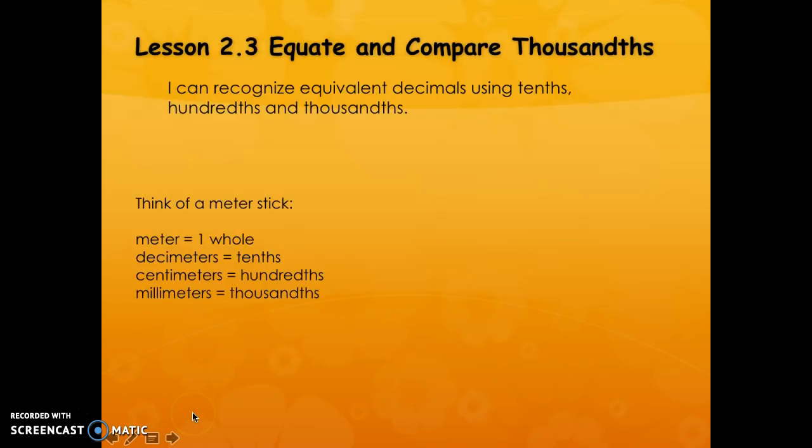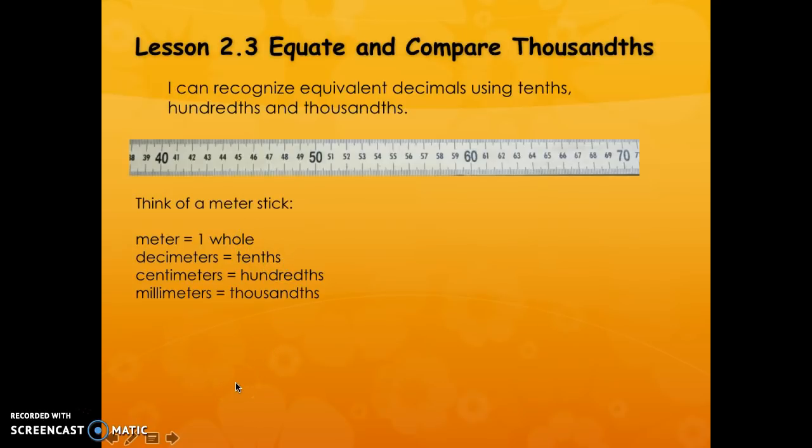All right. So we're going to think of a meter stick for a minute. I'm hoping that this will help you understand why certain decimals actually mean the same thing. So a meter stick is going to represent one whole. Then when you look at a meter stick, you'll see that it also is divided into tenths or decimeters.